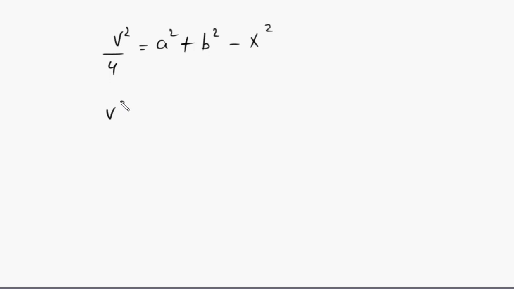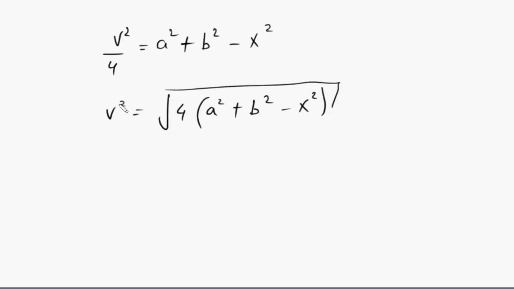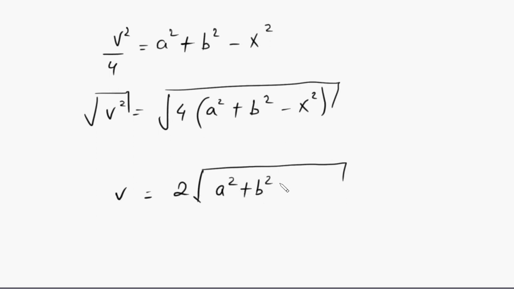So nitakuwa na v squared is equal to 4 times a squared plus b squared minus x squared. So I'm gonna do like this, okay? So square root ya v squared ni v, square root ya 4 ni 2. Lakini square root ya huyu jamaa mwingine just iache hivyo. So hence proved. Tumeshamaliza ile example, okay?